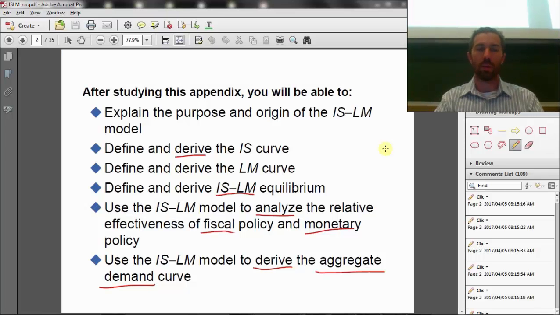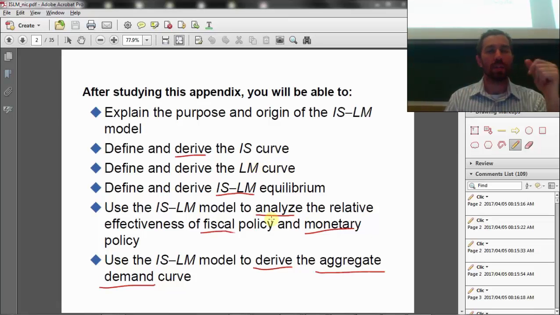The content that we're going to be covering, and that we have covered some of, but we're just going to finish it off, was to derive the IS curve, derive the LM curve, put them together to get an IS-LM equilibrium. So we've done this part of our appendix.